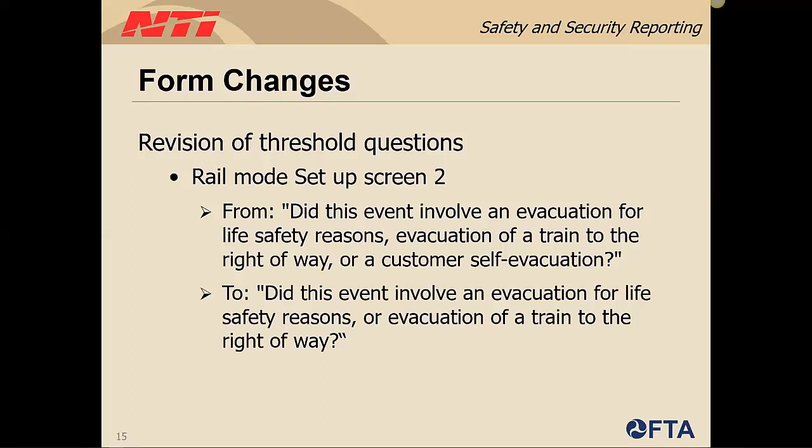So it was a bit confusing having that still reside there in 18 and 19. So of course that means that self-evacuations have to be related to an evacuation for life safety or an evacuation to the rail right-of-way. So for instance, if someone takes it upon themselves to exit a vehicle and thereby putting themselves onto the right-of-way, then it's a right-of-way evacuation that was a self-evacuation.